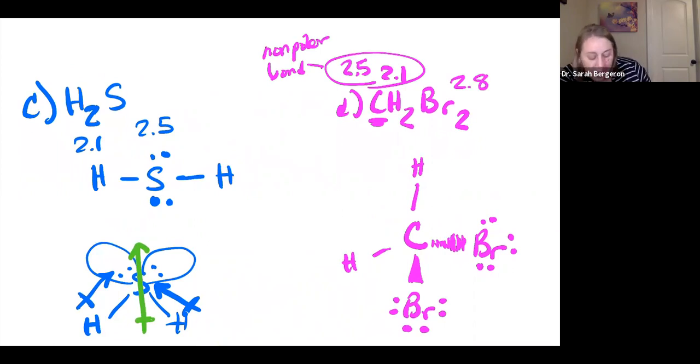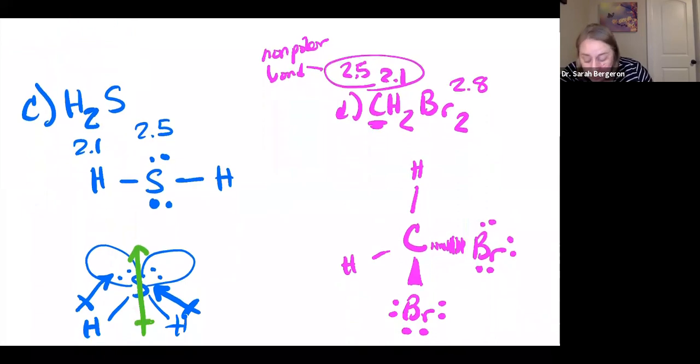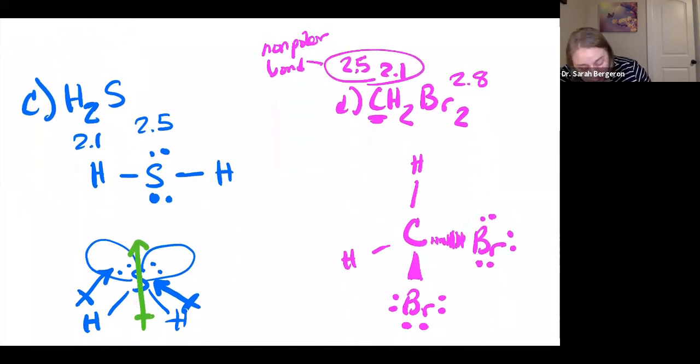So we do have an electronegativity difference between the carbon and the bromine. So we need to show that. So we're going to say the bromine is more electronegative than carbon, which is 2.5. And so we're going to point towards the bromine, and we're going to point towards the bromine.